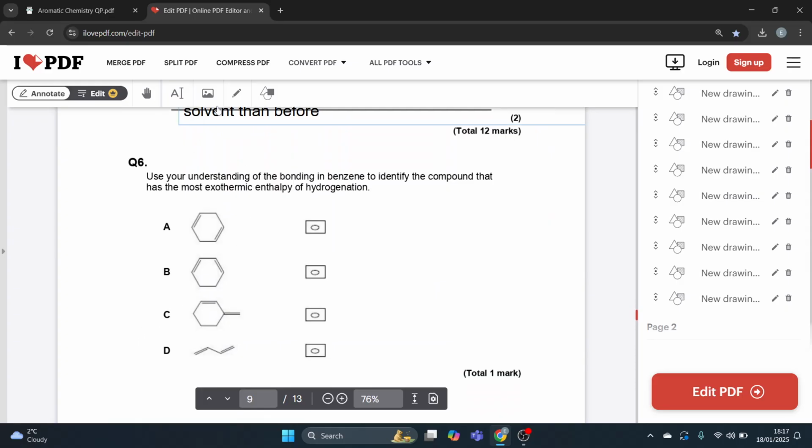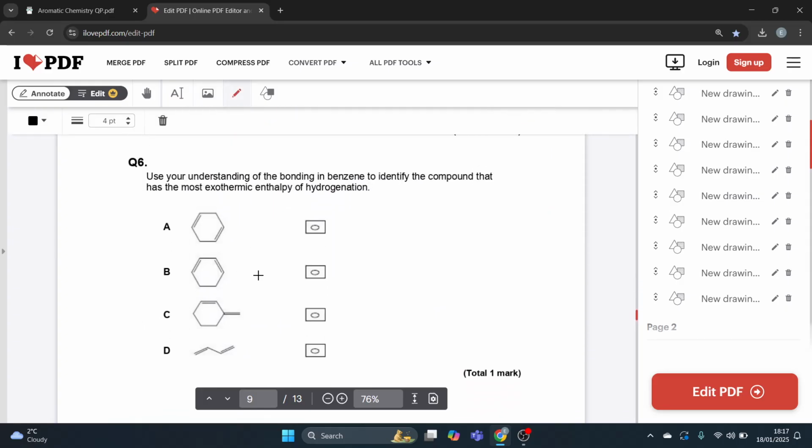Question 6. Use your understanding of the bonding in benzene to identify the compound that has the most exothermic enthalpy of hydrogenation. Now with benzene, multiple choice questions, I can only see a couple of them asking you about this type of question, and also just calculating, like doing subtractions between cyclohexa-1,3,5-triene and benzene as well.